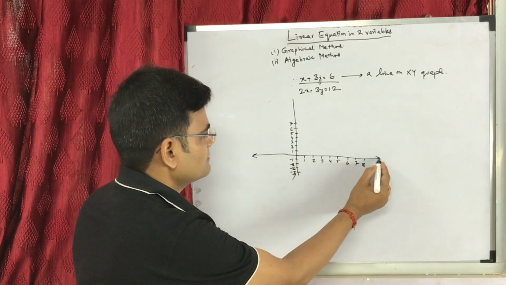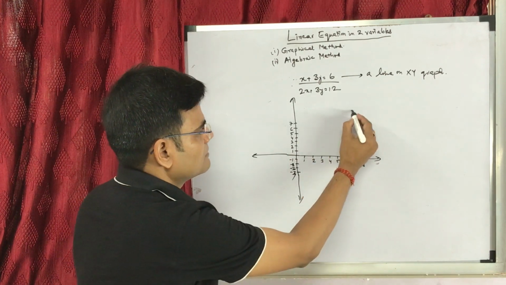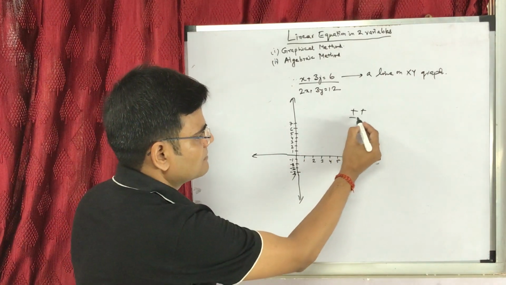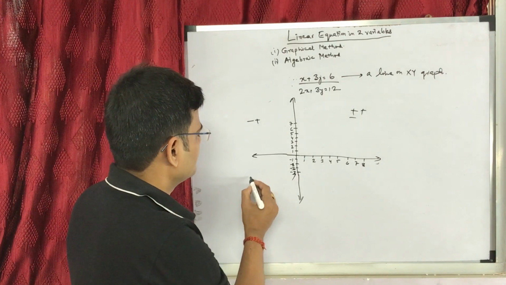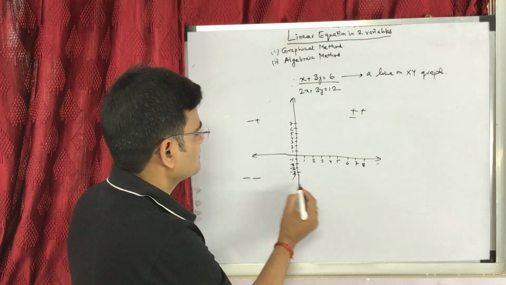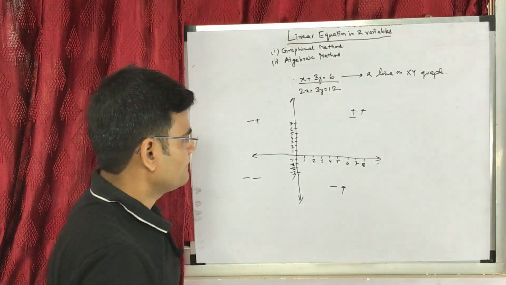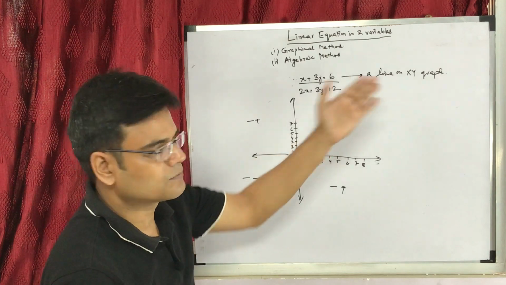This is the x-axis and this is your y-axis. You know this quadrant is plus plus, then minus plus, minus minus, and plus minus. So any equation represents a line on the xy graph.